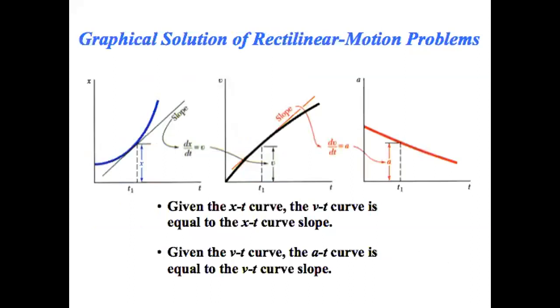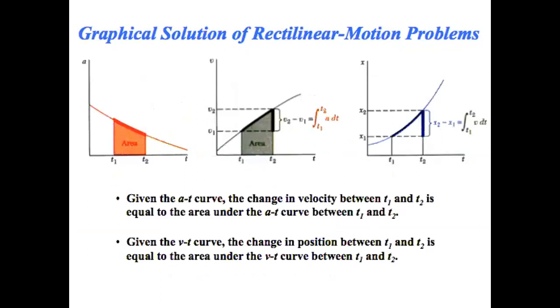From the previous session, we learned when we have the x-t curve, the v-t curve is equal to the x-t curve slope. And also when we have the v-t curve, the slope of this curve is equal to the a-t curve.